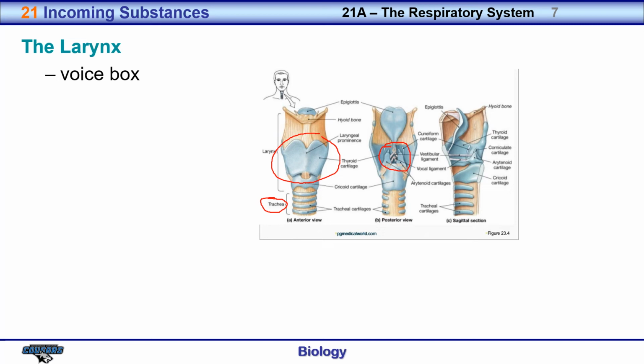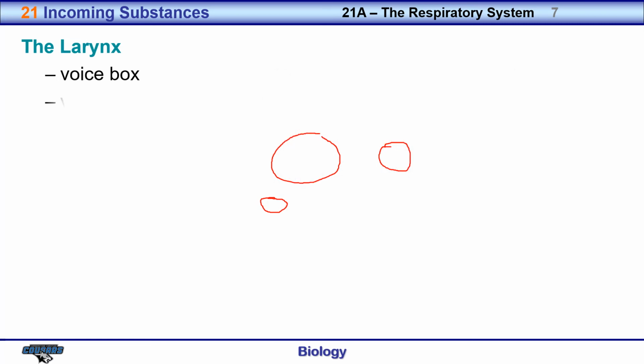And you produce sound as you allow air to be expelled from your lungs over these vocal cords, and it causes them to vibrate. If you remember from physical science, everything that vibrates can produce a sound, or for every sound there is a vibration.